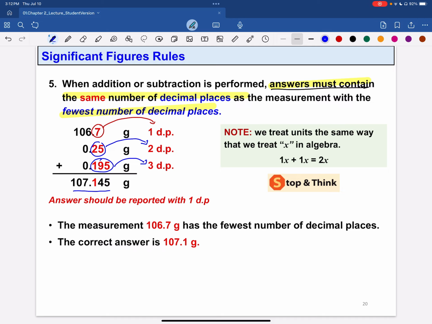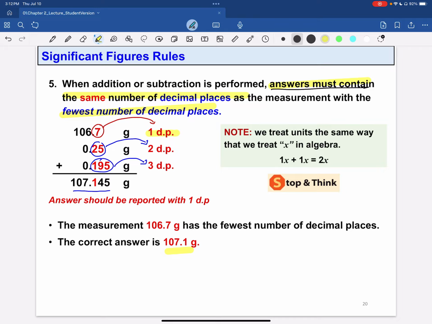Now, because you performed addition, you have to round your answer to the fewest number of decimal places. Fewest here is one decimal place, so your answer has to be 107.1 grams. That is adding and subtracting.